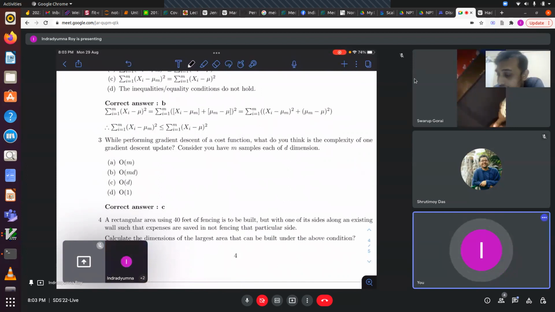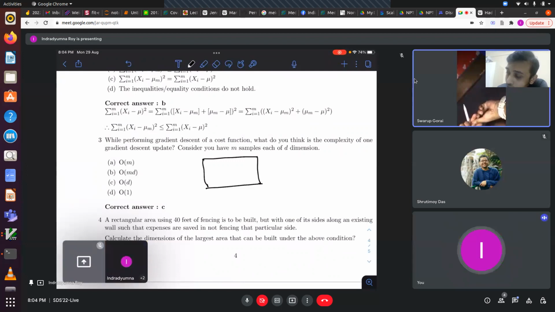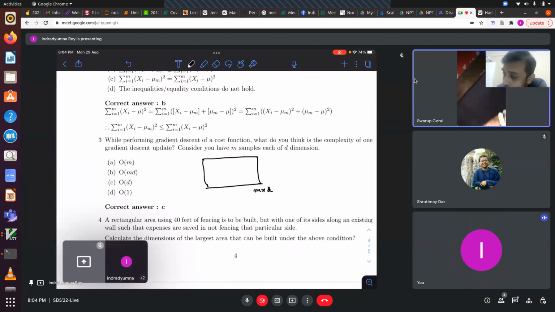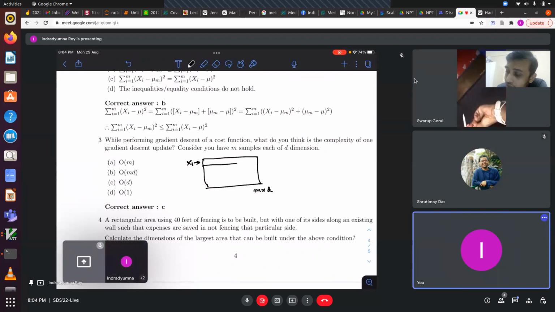This is sort of part of the background, but I'll explain it to you. Let's say you have this M cross D matrix. That means there are M rows and D columns. The first row represents the first data point, the second row represents the second data point, and that's how I am constructing the matrix.